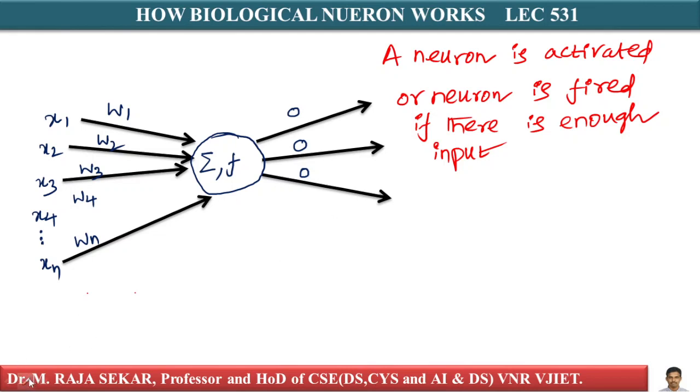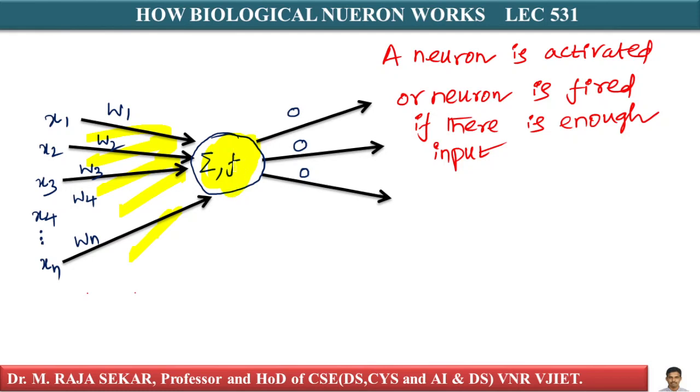This cell will be fired and send a signal out. If there is not enough input, then the cell does not send a signal. That's how a simple neuron works.